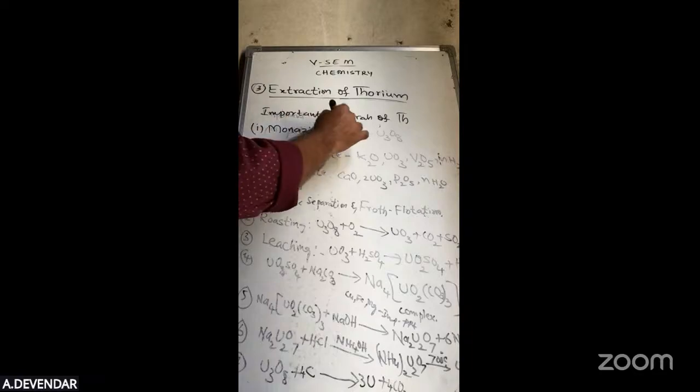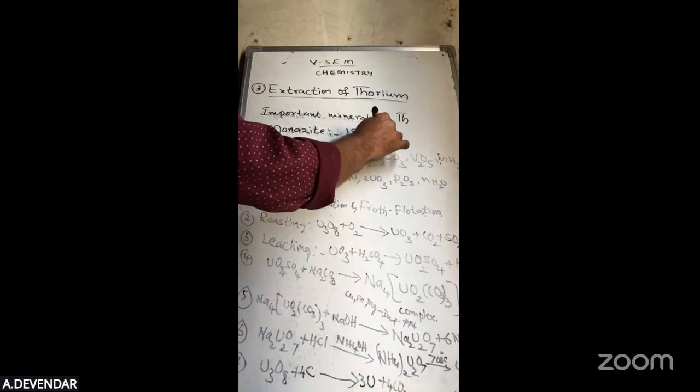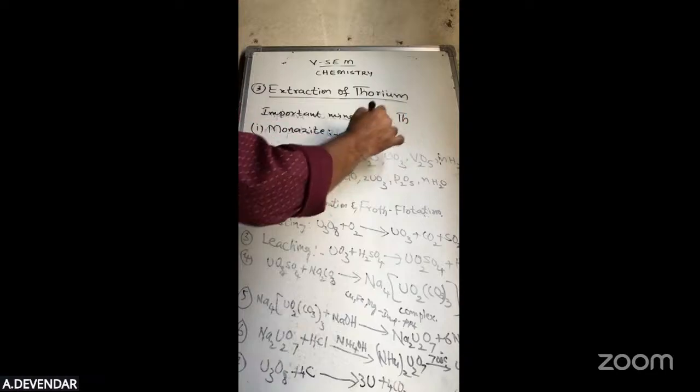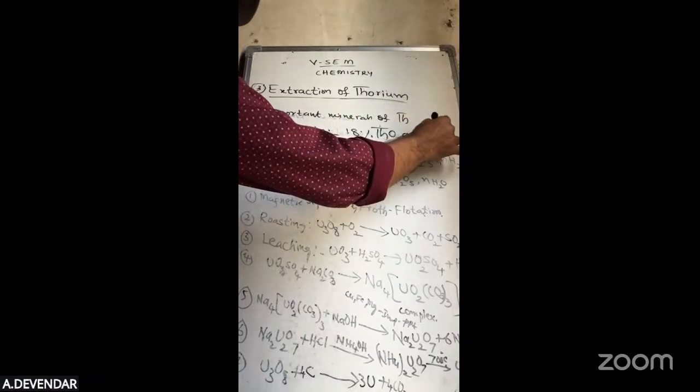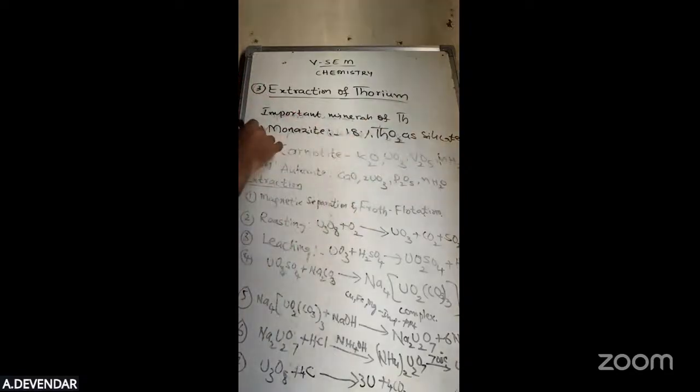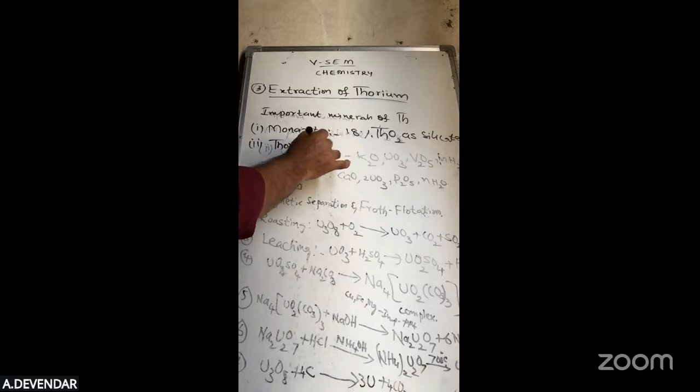Okay, so that is 18% thorium. The sand consists of silicates, totally silicates, that means sand is present. Okay, second is thorite.